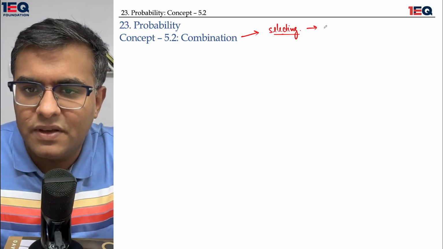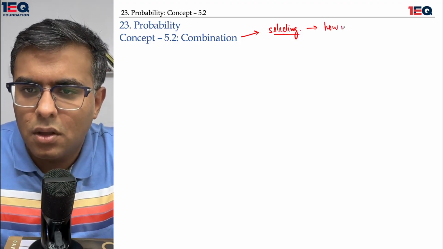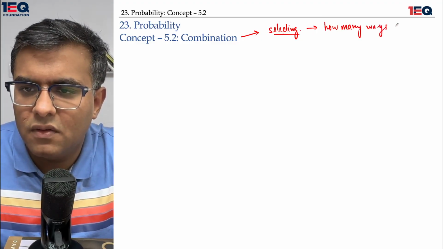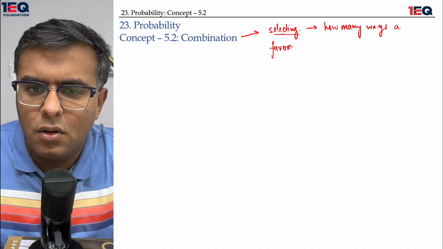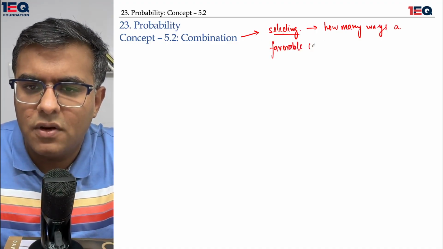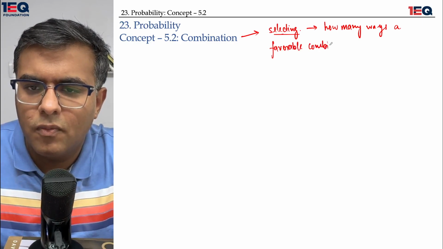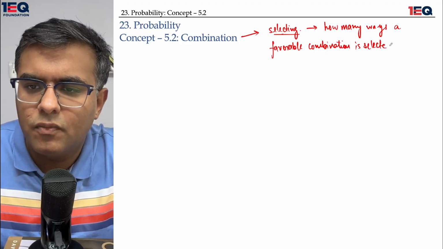So in how many ways is a favorable combination selected?